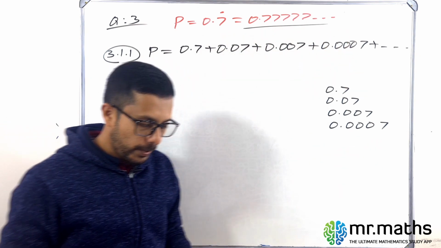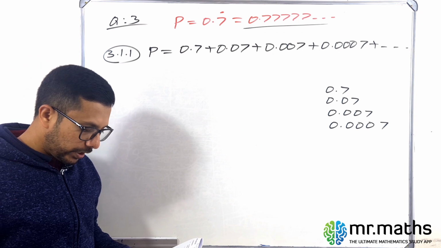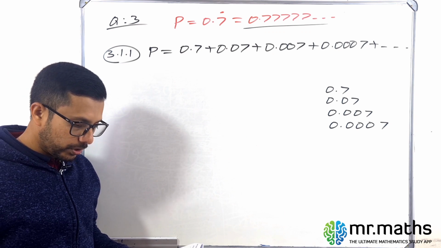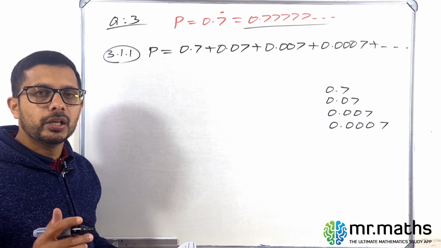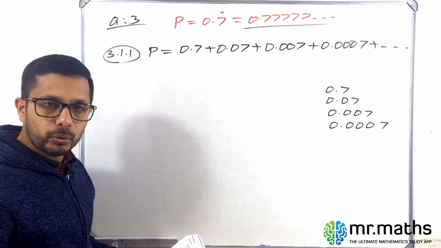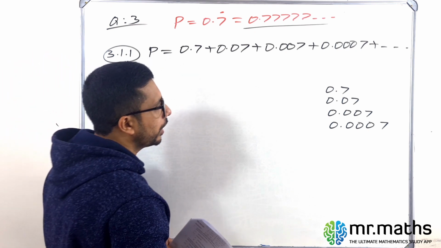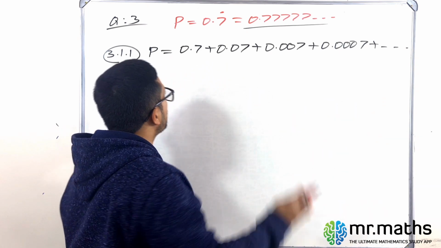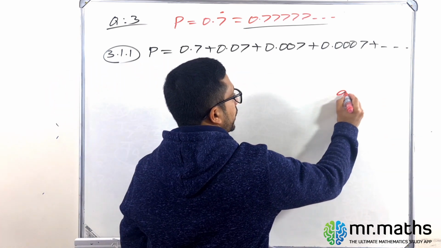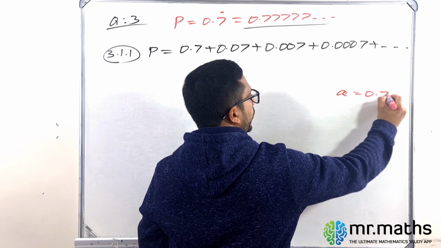Okay, so is that a geometric series? Of course it is, because if it is a geometric series, you can find a common ratio. Let's check if we are getting a common ratio here. What is the first term? 0.7. Am I right? First term is 0.7.